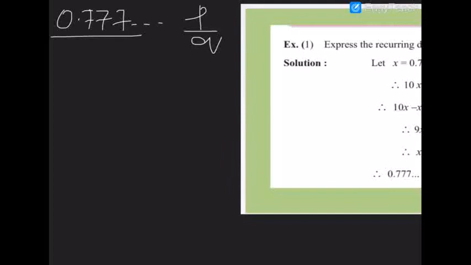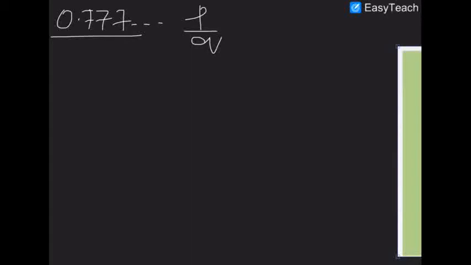We represent it in this dot form. We have to convert this recurring decimal into a p by q form, that is rational form.